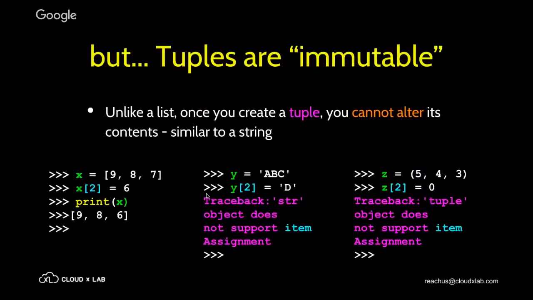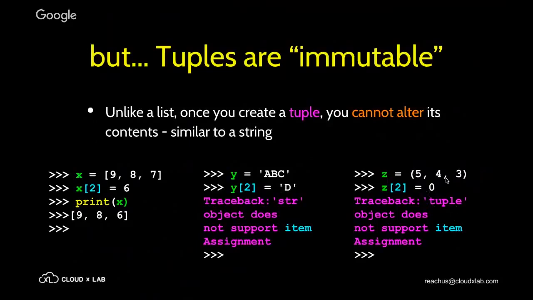Now, the difference part. The difference is tuples are immutable. Immutable means you cannot change a value of a tuple once defined. The way you change the value of x at the second index in a list, the same thing you cannot achieve either in a string or in a tuple.